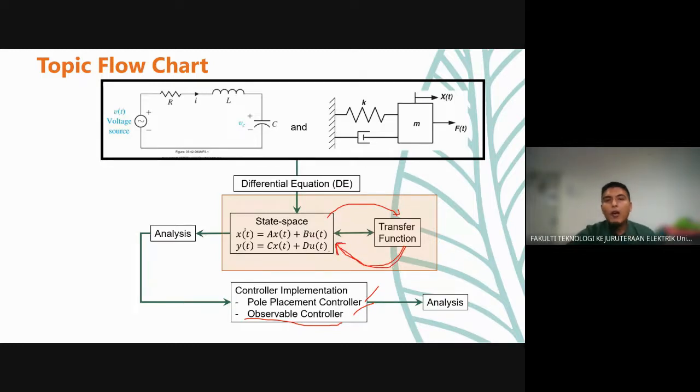However, I only discussed two forms, PVF and OCF. For the other three, I will fill up the slide and then you can refer to how to convert from the transfer function to the other three forms.